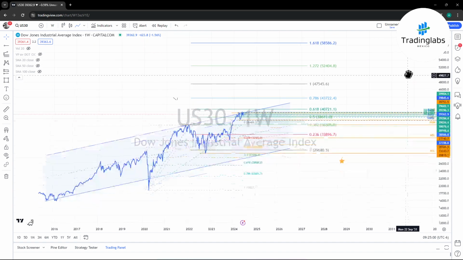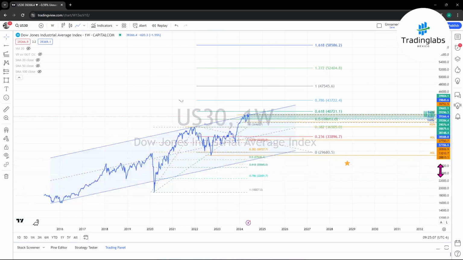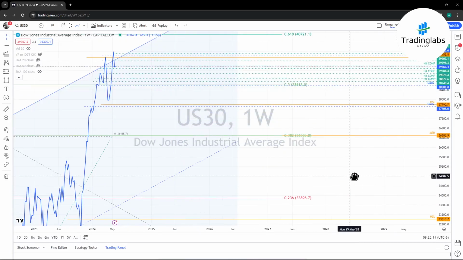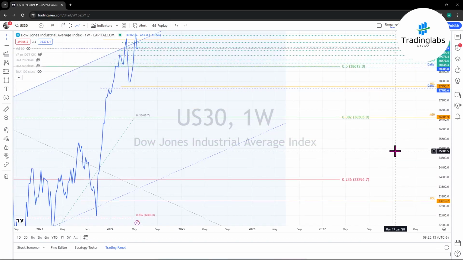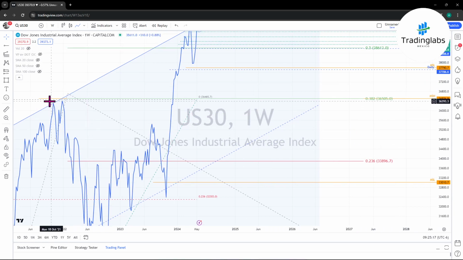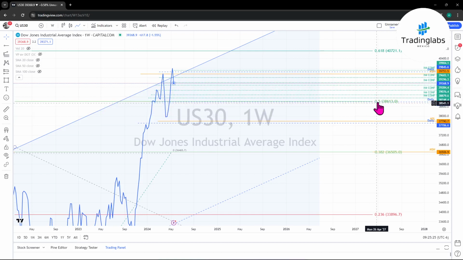In order to reach here, it needs to break each one of these levels. It's too far away, but it gives you some guidance. It confirms this level, these monthly swing highs, at this level of Fibonacci extension.